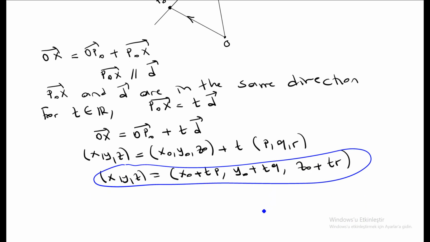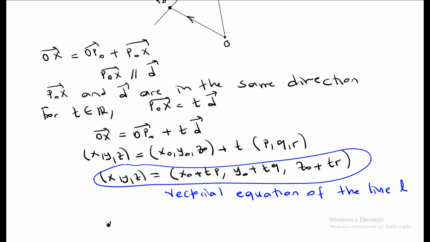This one we call vectorial equation of the line. Let's say L. Because we are in three-dimensional space, we can write in this form.